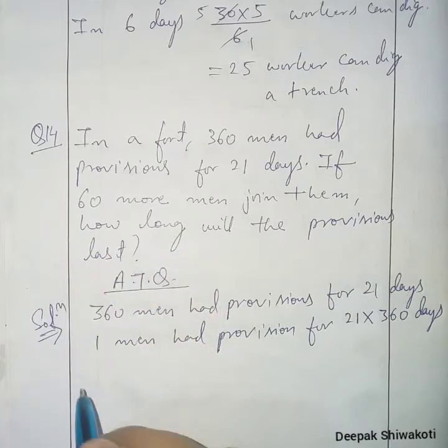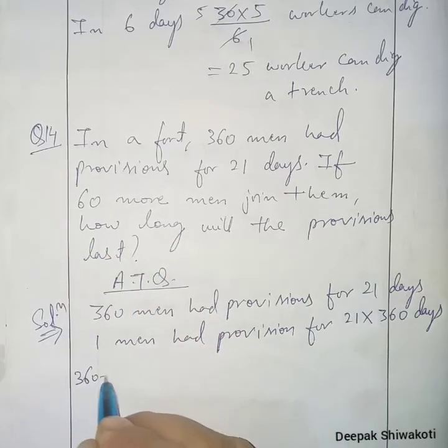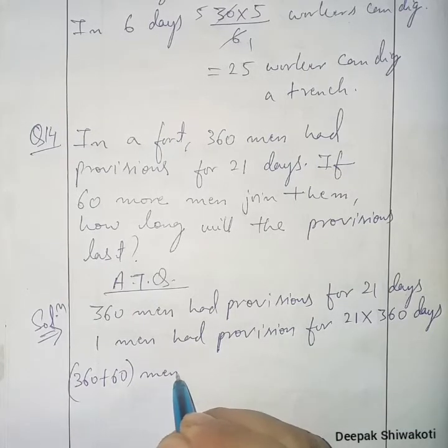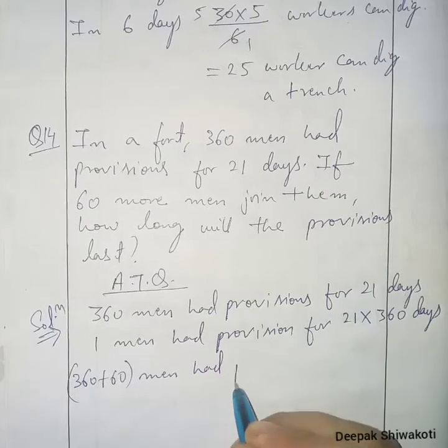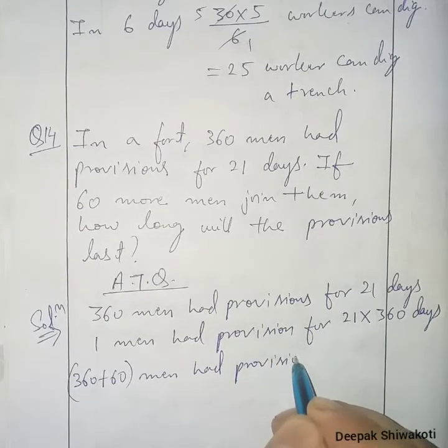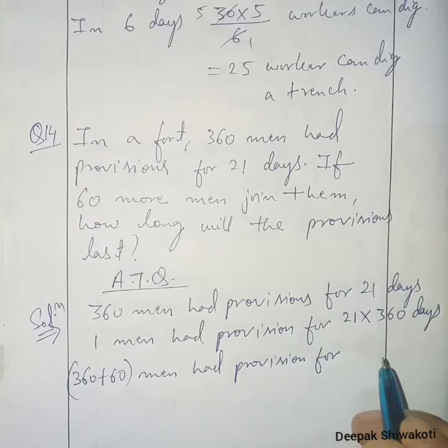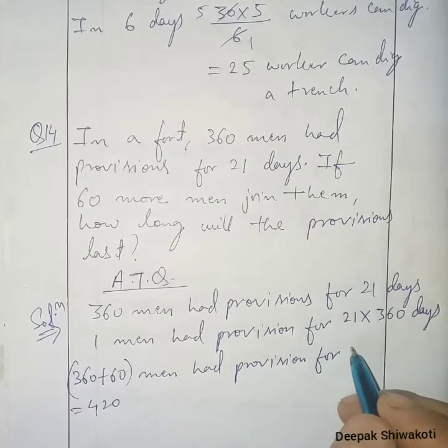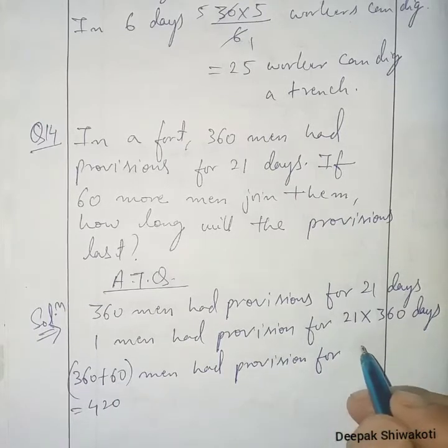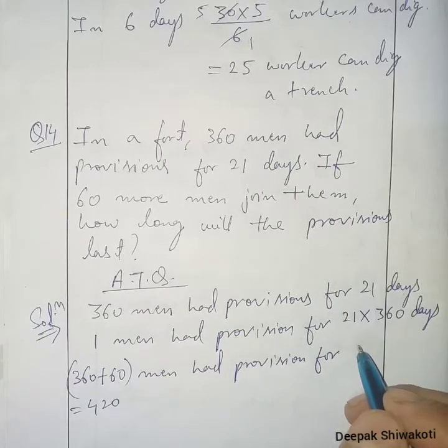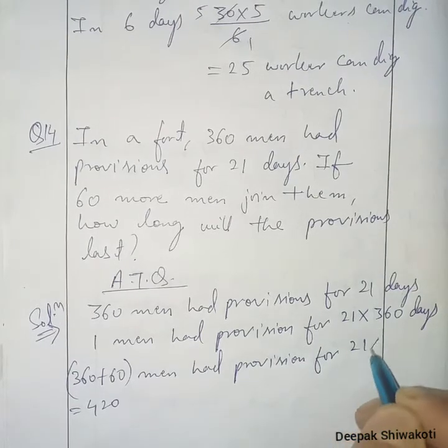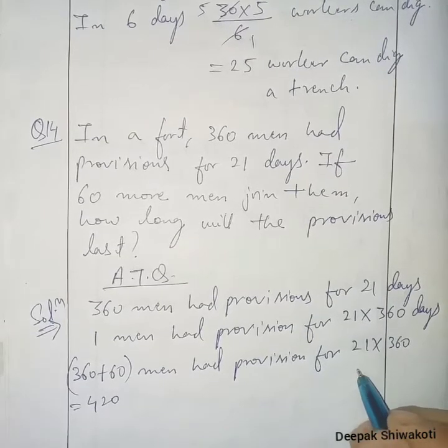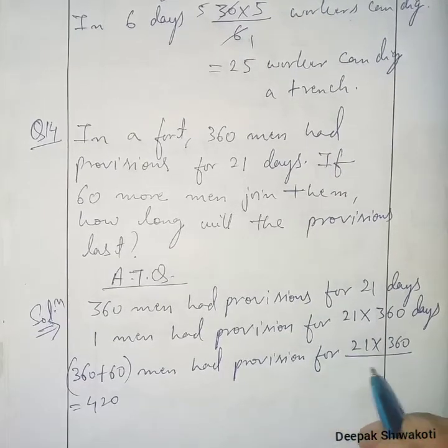Now 60 more men means 360 plus 60, these many men had provisions for, this is equal to 420. So when people are increasing, the provision will last for less days. That means less means we have to divide by 420.